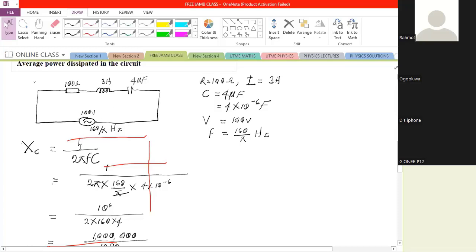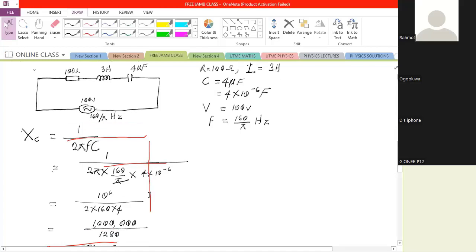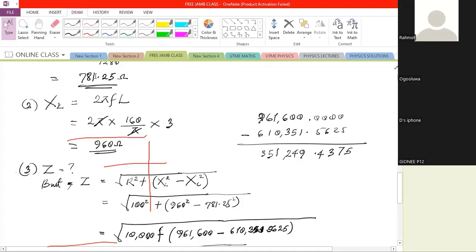To calculate capacitive reactance, we have 1 over 2 pi FC, solved to get 781.25. Then the inductive reactance is 2 pi FL, that's 960.